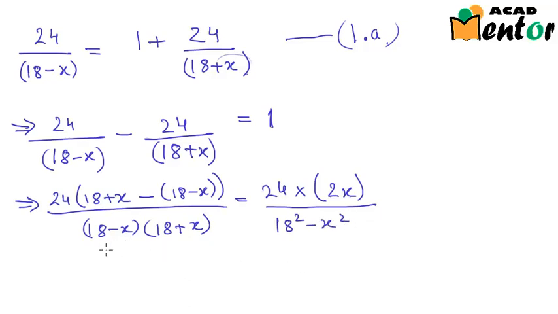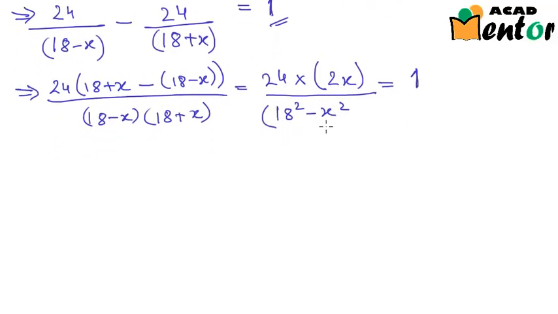How did I get this? Because this is of the form a minus b into a plus b, which is nothing but a square minus b square. So I got 18 square minus x square is equal to 1, as was here. Now I can just take the denominator and transpose it to the right hand side, and I will get 24 into 2 is 48. 48x is equal to 18 square, that is 324 minus x square.